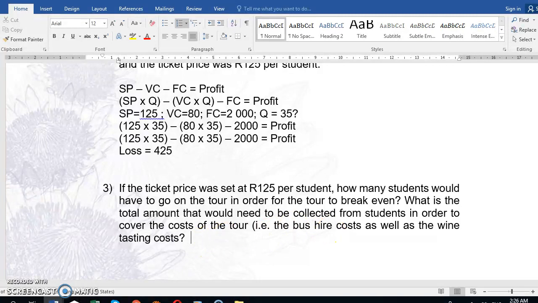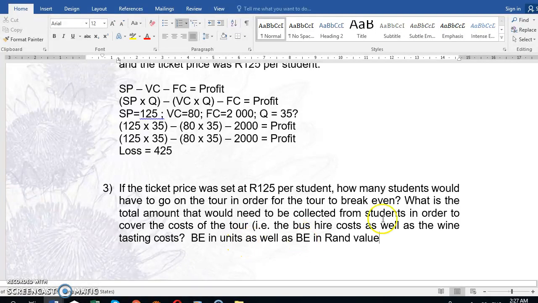Now essentially what this question is asking us to do is calculate the break-even in units as well as the break-even in rand value. That's essentially what they're asking us to calculate. And the reason I say that, the number of students is units, so the number of students needed to cover the cost of the tour.